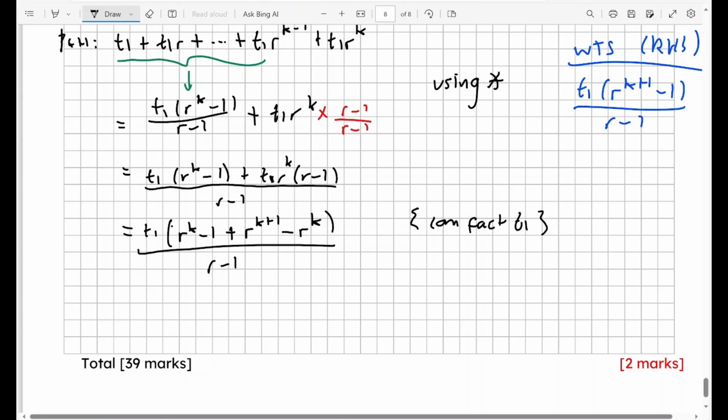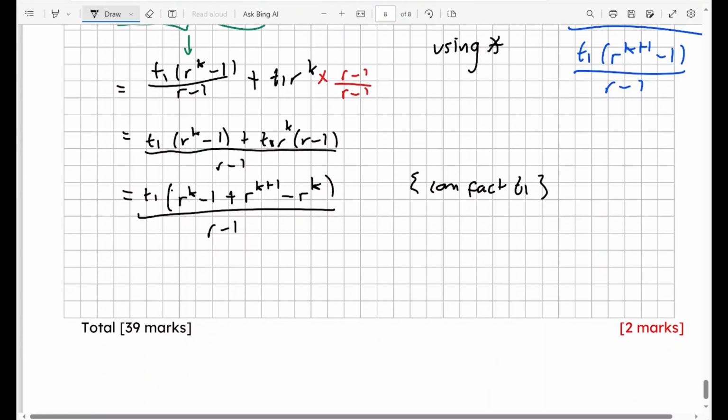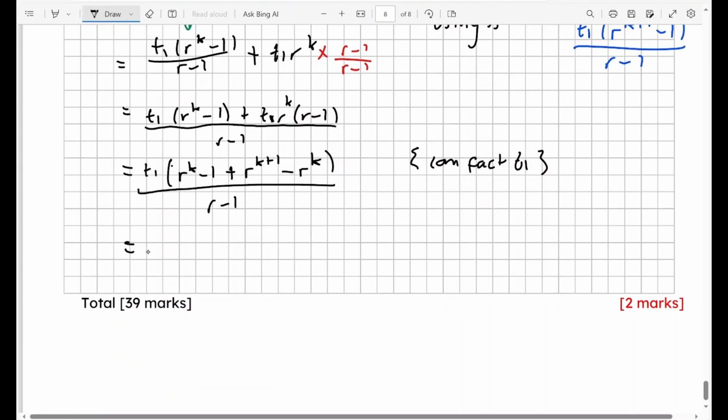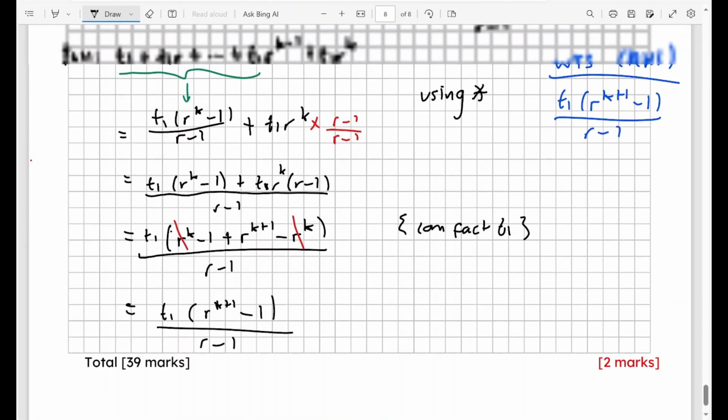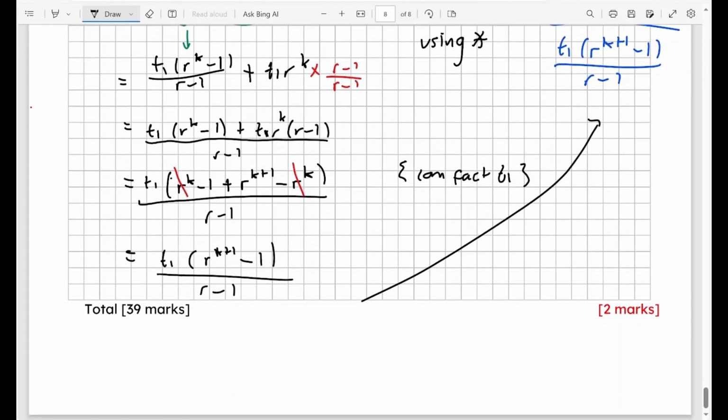And then this is cross multiplying. So now the R to the k's will cancel out. So you're going to get T1 lots of R to the k plus 1 take 1. So they're gone. Over R take 1. And oh my goodness, it matches.